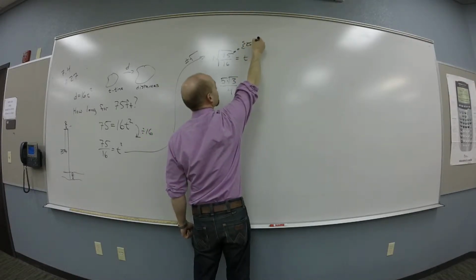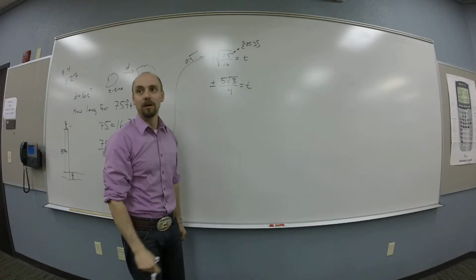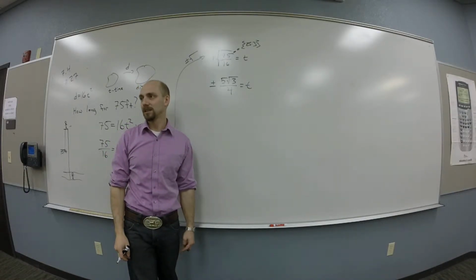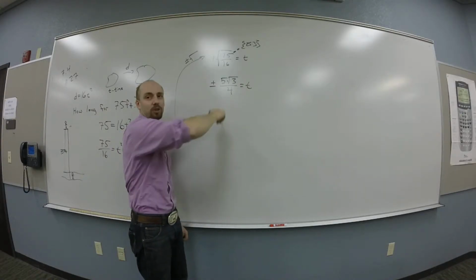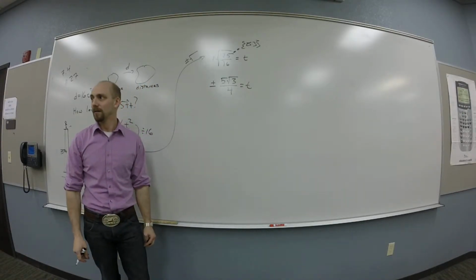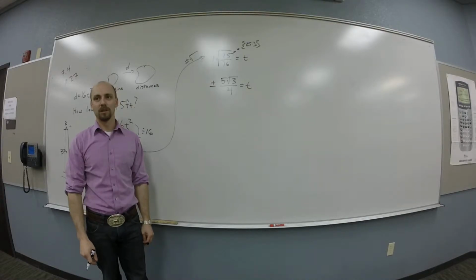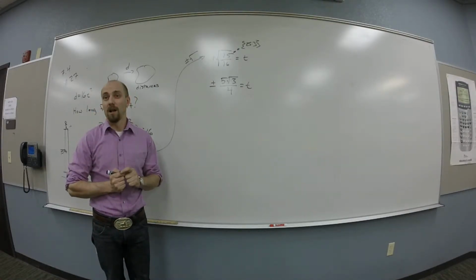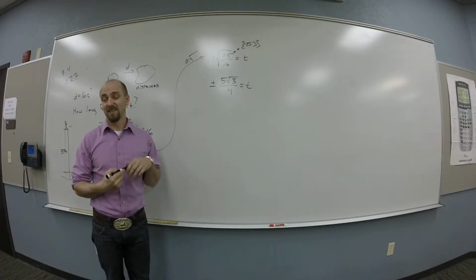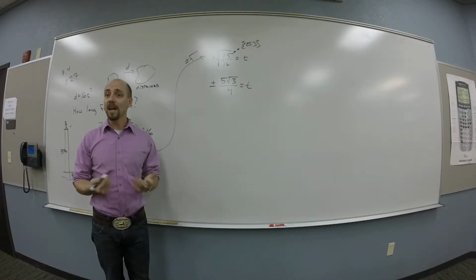So here I'm thinking about 75 as 25 times 3. What am I thinking about 16 as? 4 times 4. I know the square root of 16. It's 4. You guys cool with this? Okay, so now what? Got the answer.